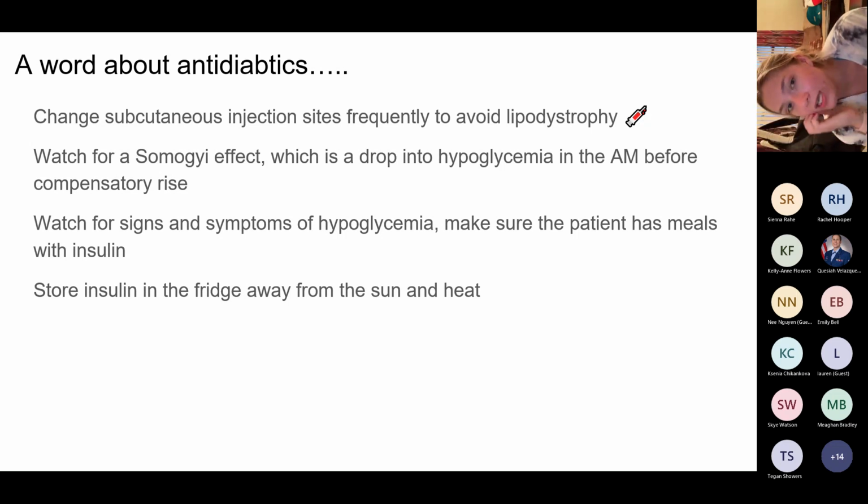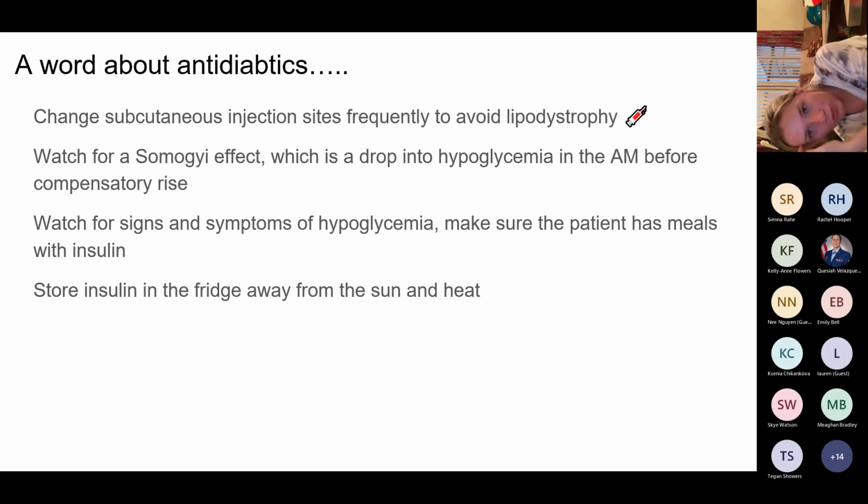A big thing, I know memorization can be hard, but with our insulin we need a general understanding of when these drugs have an onset and when they peak. Why do I care about when they peak? When these drugs peak, that's the biggest risk for a hypoglycemic event, meaning very low blood sugar, meaning coma, and that's not good.